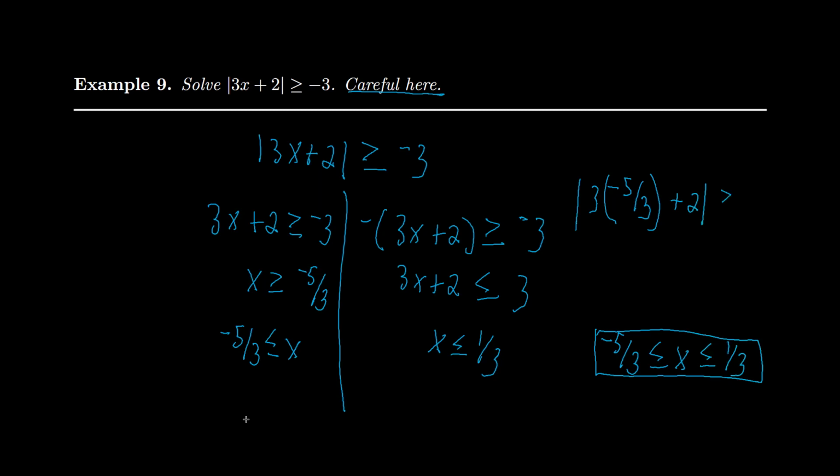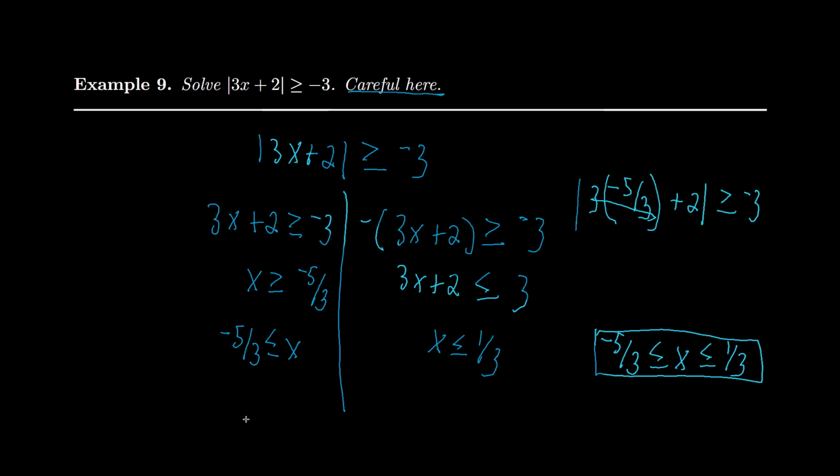So like this, and we're saying, is this greater than or equal to negative 3? Well, obviously, negative 5 plus 2 is negative 3. The absolute value of negative 3 is 3, which is, in fact, greater than or equal to negative 3. So that is going to give a meaningful answer. But this is a strange thing to think about.